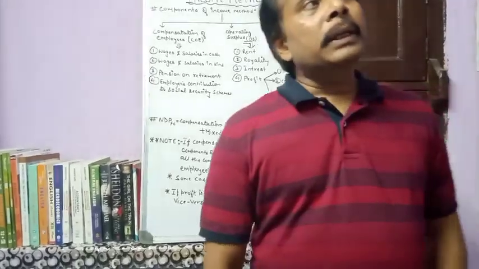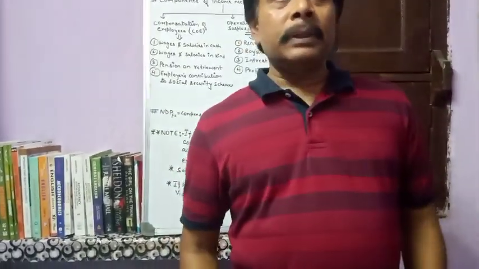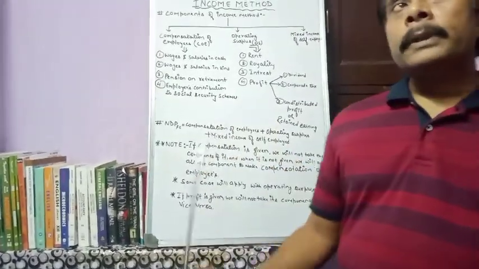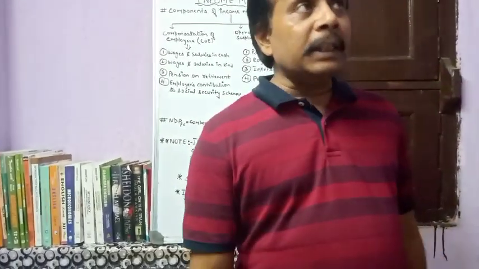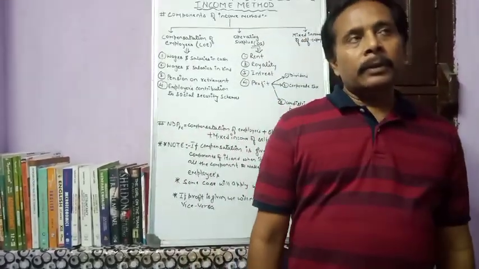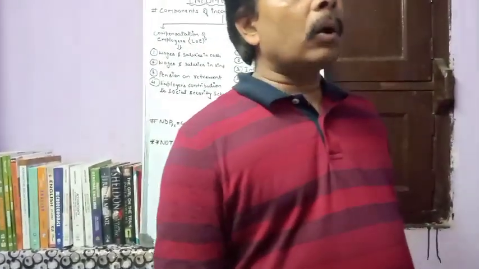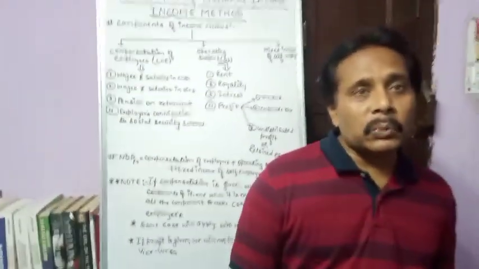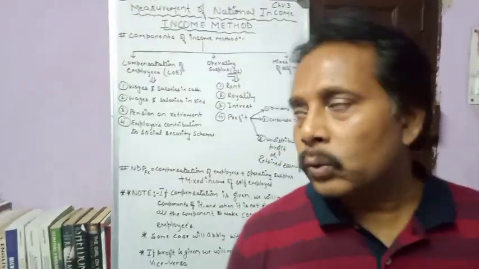Not only does the employer give cash, but sometimes he also gives some facilities to their employees, such as free rental house, medical facilities, educational facilities for their children, and so on.